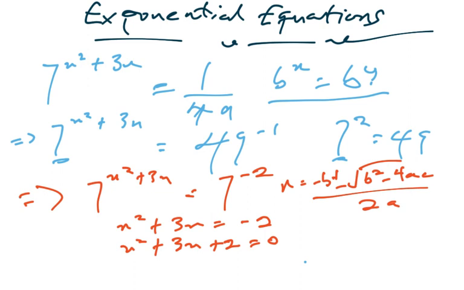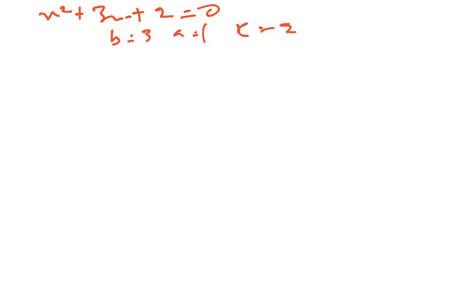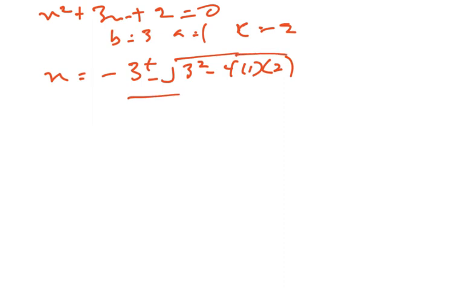For x squared plus 3x plus 2, we have b equal to 3, a equal to 1, c equal to 2. So x is equal to negative 3 plus or minus the square root of 3 squared minus 4 times 1 times 2, all over 2 times 1.